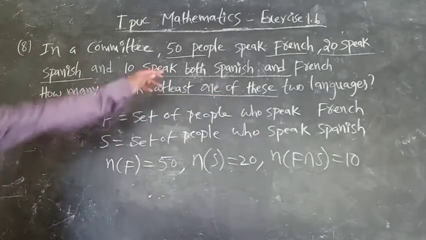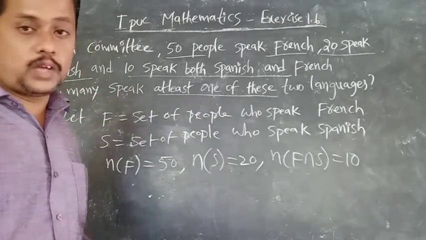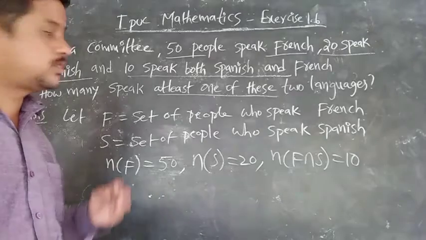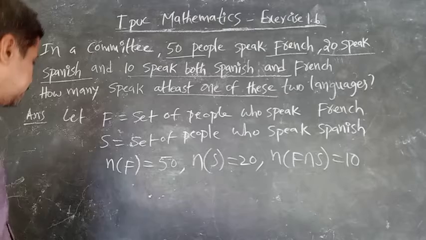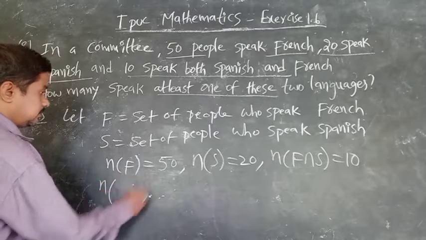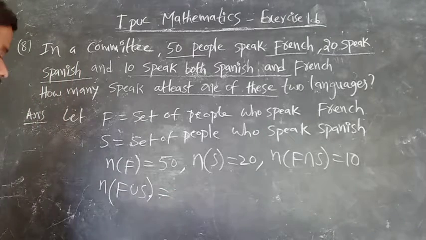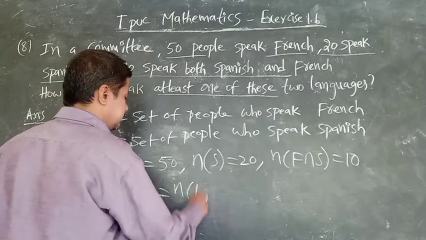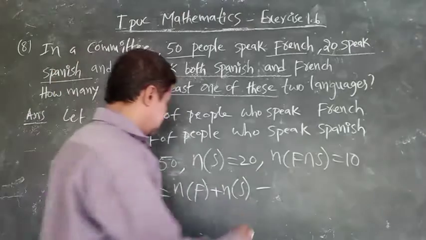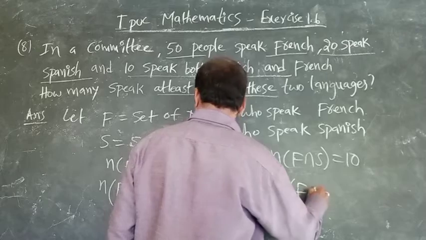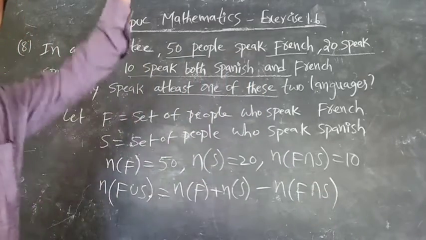Next, what to calculate? How many speak at least one of these two languages? That means you have to calculate the union. So n of F union S is equal to n of F plus n of S minus n of F intersection S. This is the formula already told.